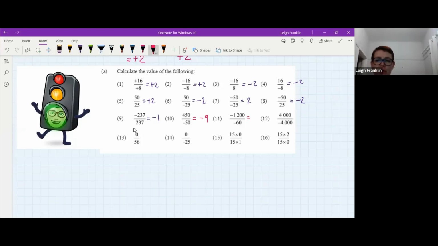What do you think, Tabani? Tabani says +20 in the chat. 100% Tabani, that's really good. +20 times -60 is -1,200.